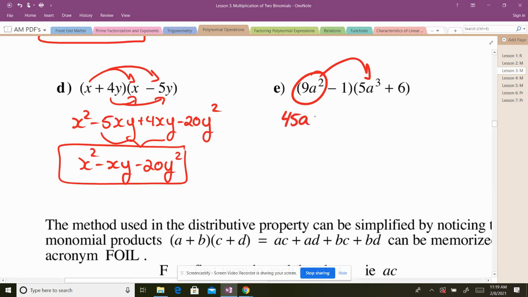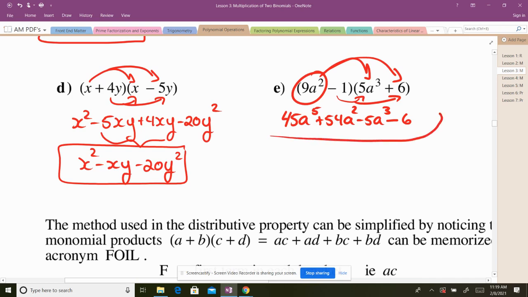So it's 45a to the 5th, and then you multiply that by 6. 9 times 6 is 54. 54a squared. Negative 1 times 5a cubed. Negative 1 times 6. Are there any like terms? No, there is not. That is it.